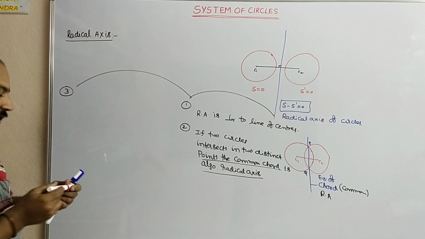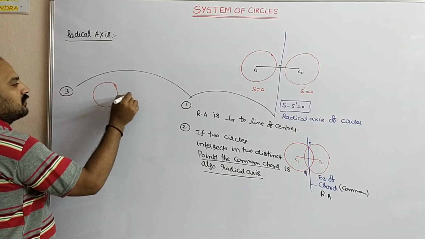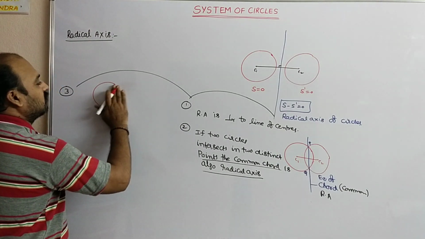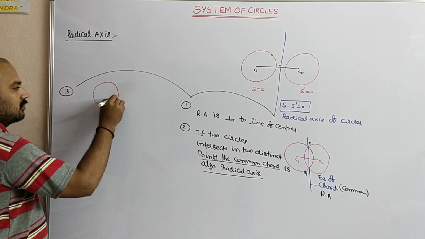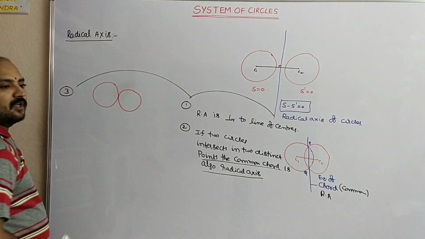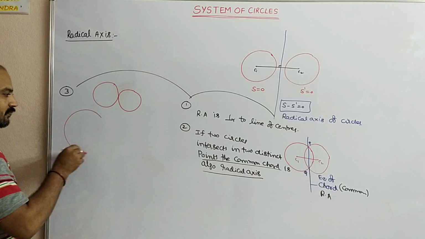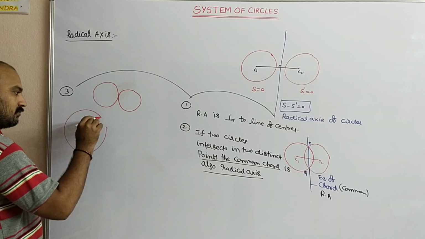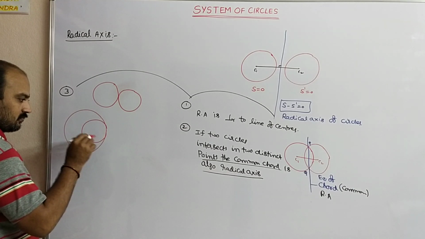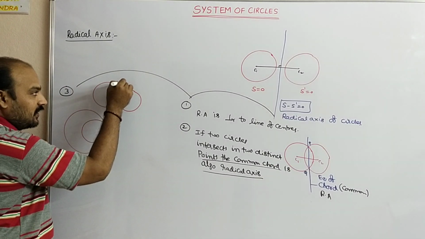If the two circles touch each other internally or externally, observe this figure: two circles touch each other externally. Another figure: in this case also two circles touch each other externally.